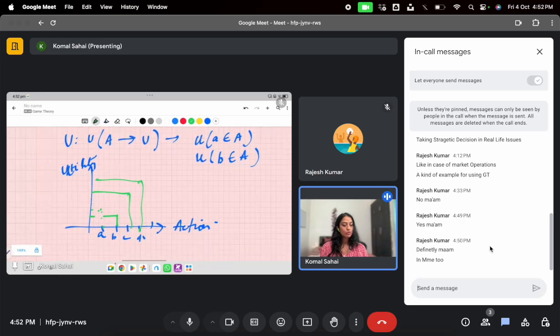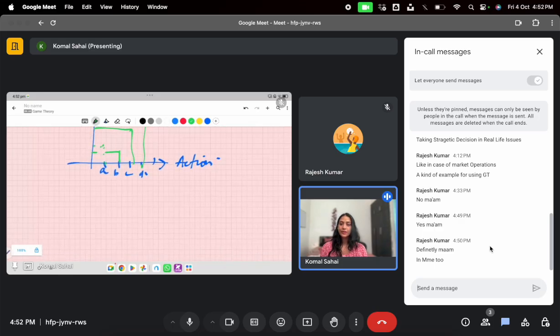Okay? So if we have a utility function, we will not deal with a particular functional form. We don't need to get into that hassle. We will just say that suppose U represents the utility of an individual.